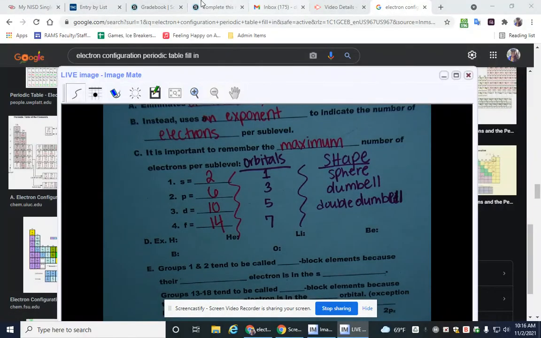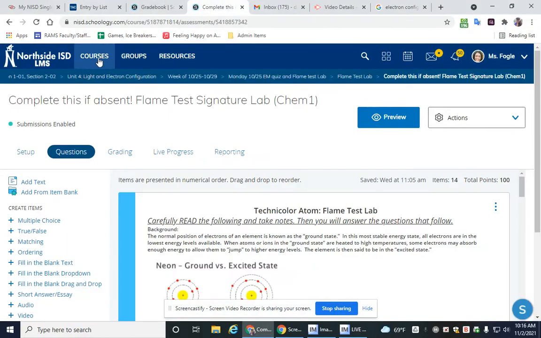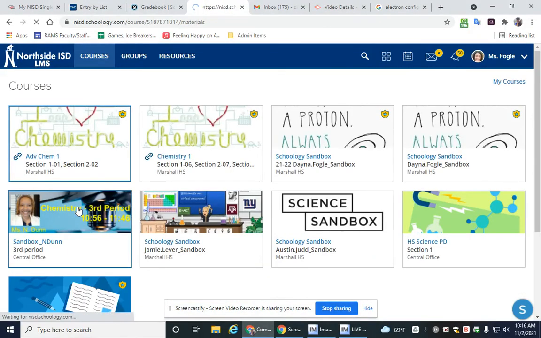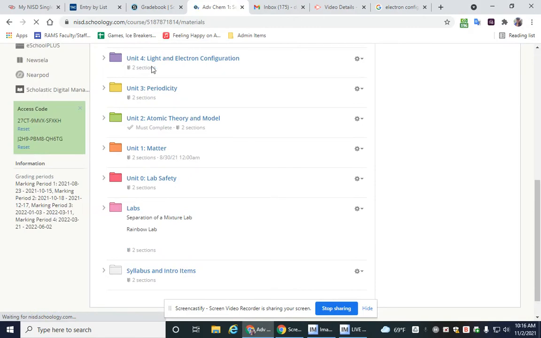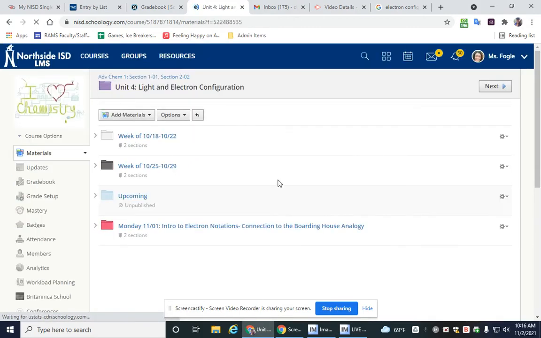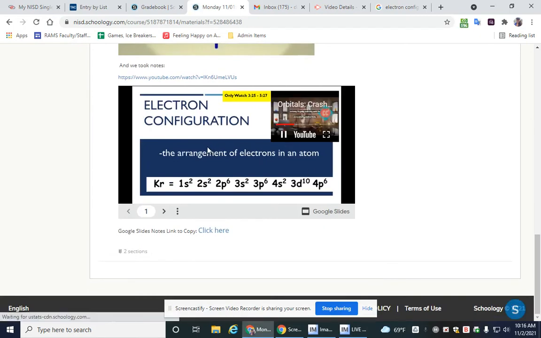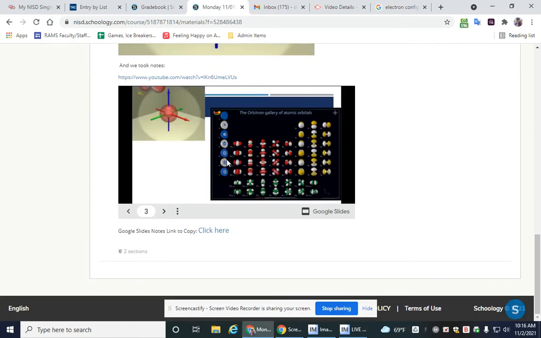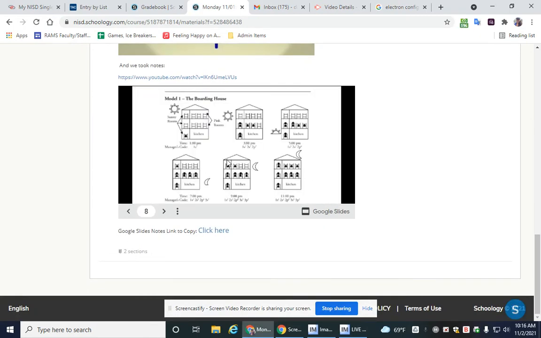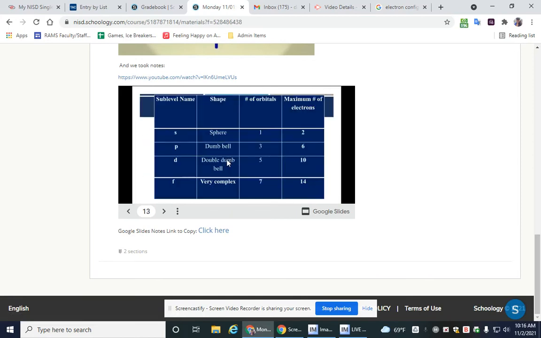Because if you remember yesterday, I had put on your page, there we go. So it's dumbbell, double dumbbell, and then we put very complex.